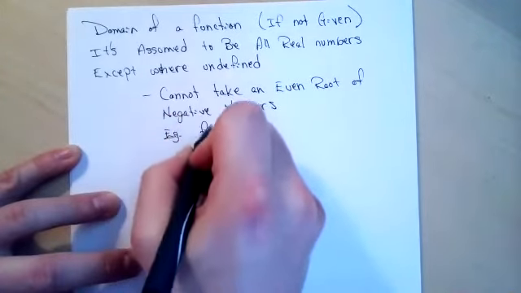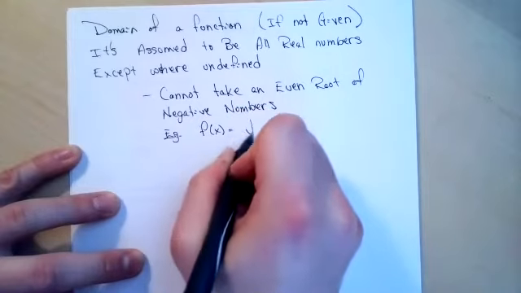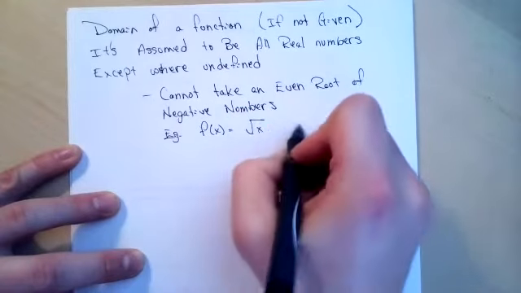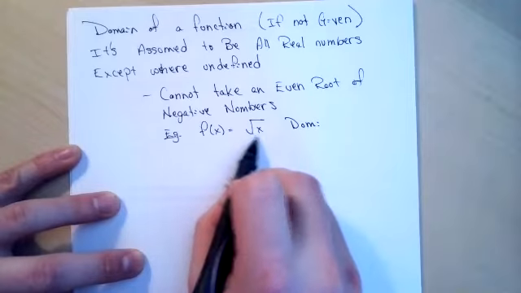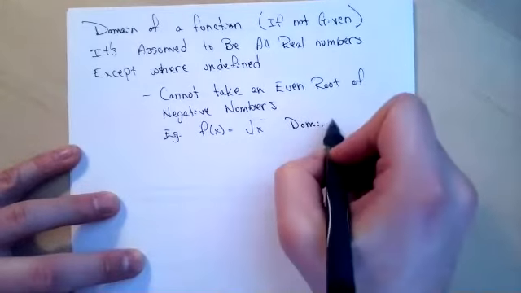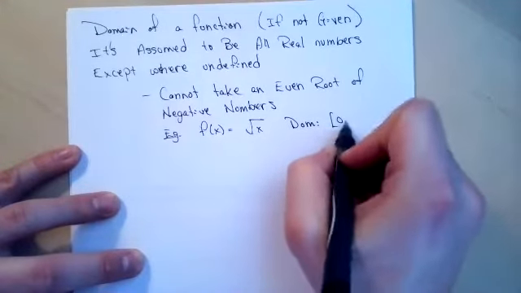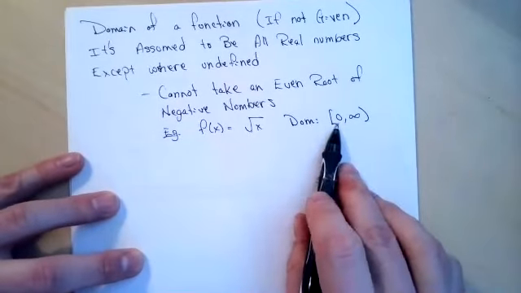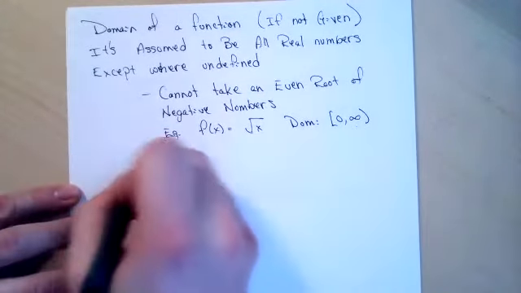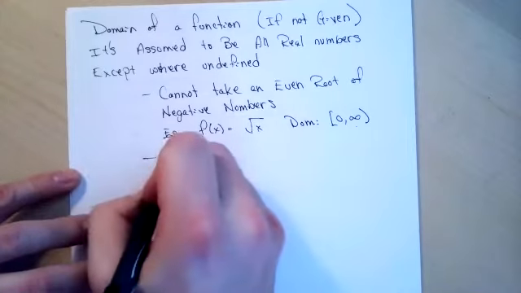Meaning if my function is square root of x, we cannot plug in negative numbers. We can plug in 0, 0 is fine, but all the numbers we plug in have to be 0 or bigger. So our domain is going to be 0 to infinity.